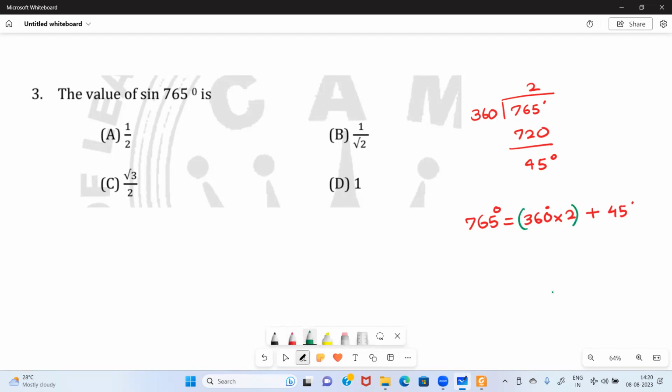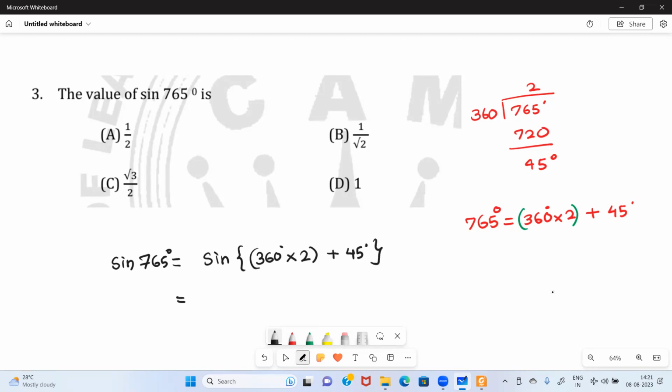Clear, students? Therefore, sine 765 can be written as sine of 360 into 2 plus 45.